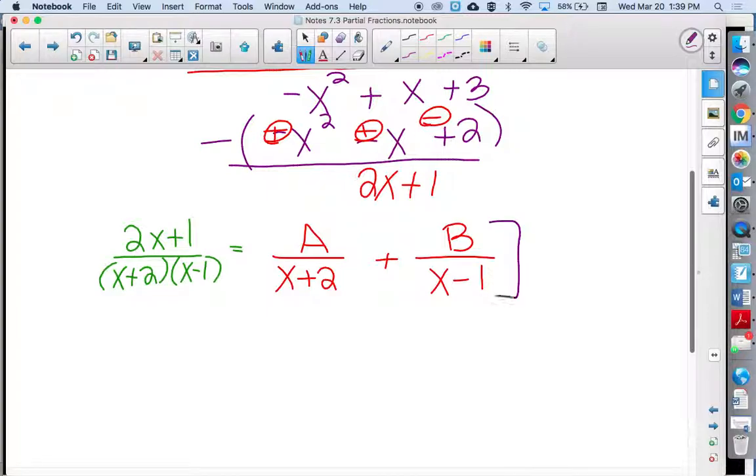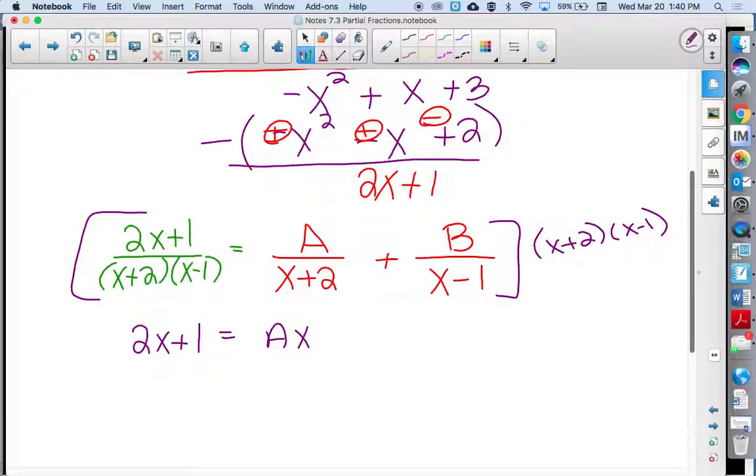So using the least common denominator, we have 2x plus 1. Cade, what would that expression be if you multiply by the least common denominator? What do you have? Ax minus a, Bx plus 2b. Right.